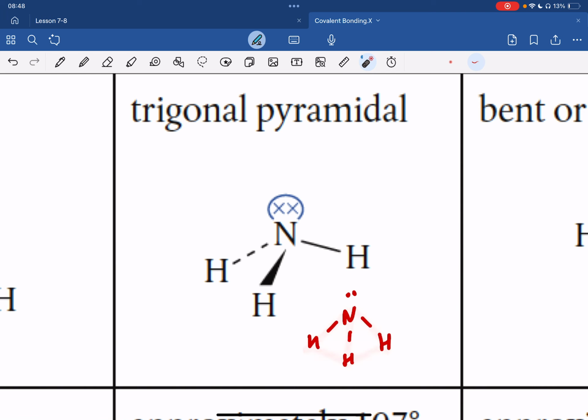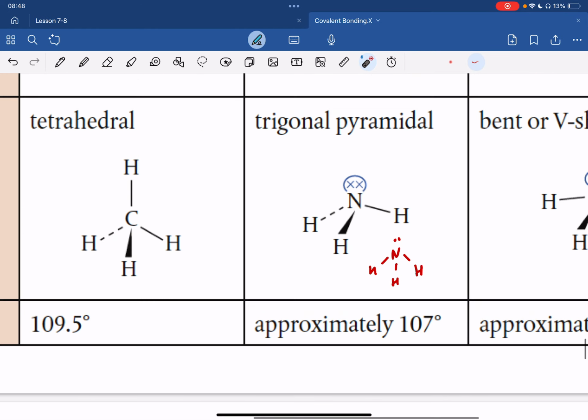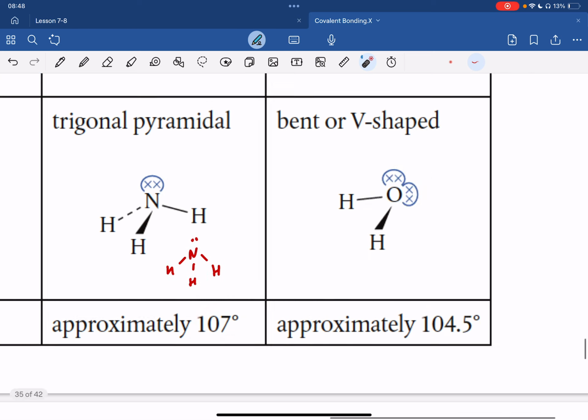You see, it looks like a pyramid, yes? So the shape of this molecule is trigonal pyramidal. Please don't forget that. And in a normal tetrahedral, it's 109.5, but once we have this non-bonding pair, it decreases by 2.5 degrees, to 107.